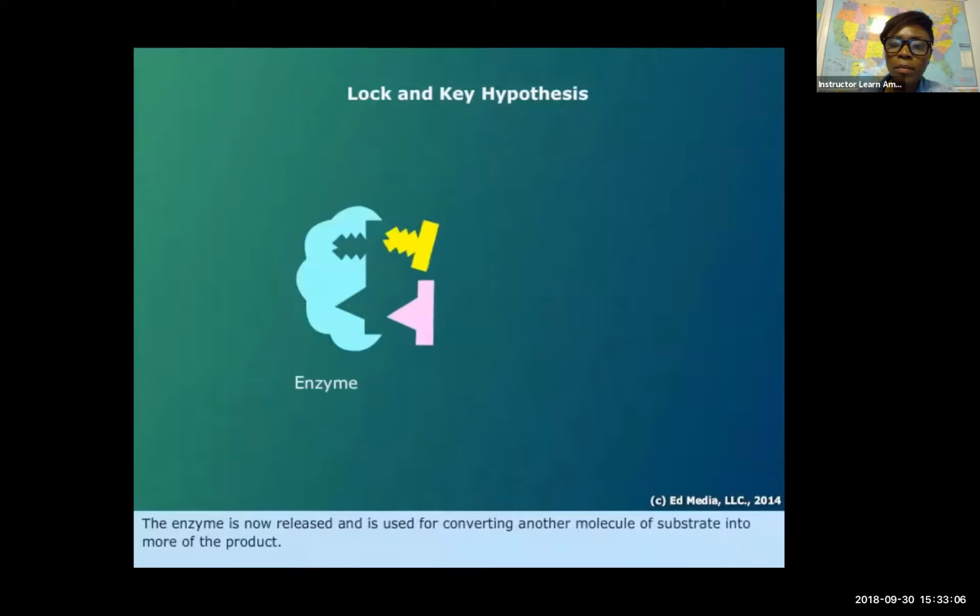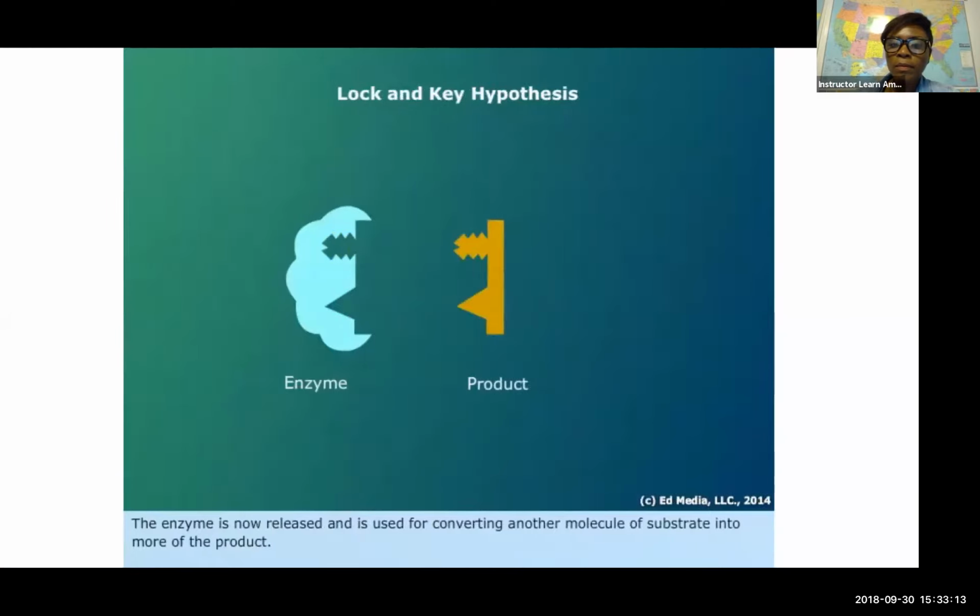The enzyme is now released and is used for converting another molecule of substrate into more of the product. And so that product was a larger molecule, so that would be your lipids, your starch, your nucleic acids, your proteins. And so this was important to show you how the enzyme actually caused that to happen.